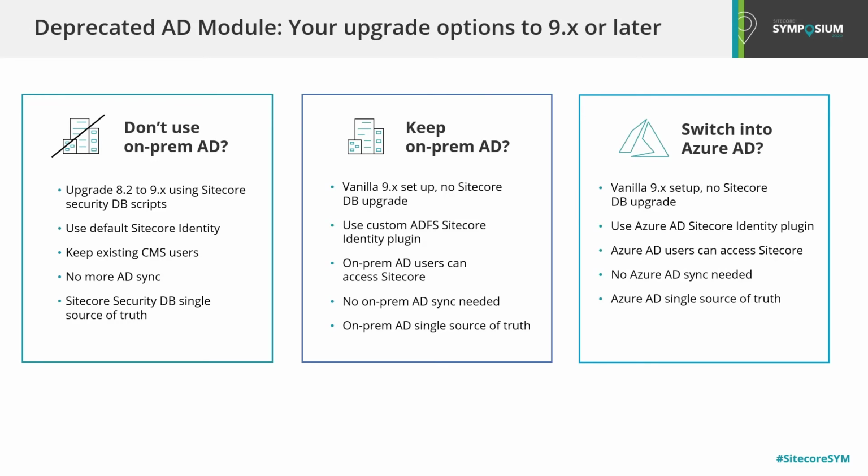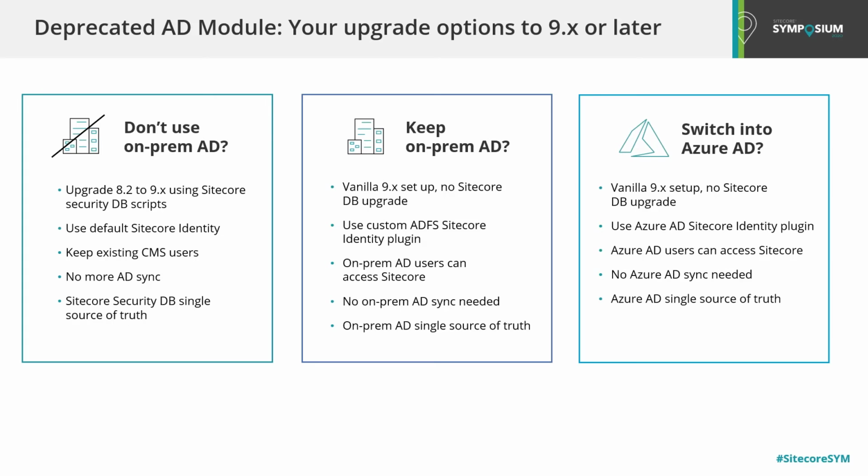Then you will need to do a vanilla 9.3 or version 10 installation as we did in our previous option. No Sitecore security database upgrade is necessary. Then use the Azure AD Sitecore Identity plugin that ships out of the box with Sitecore.